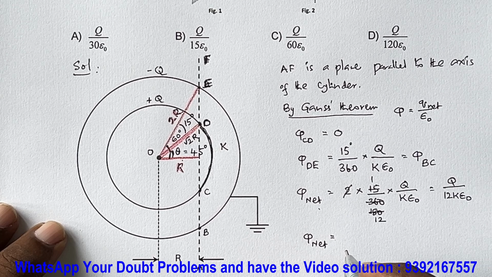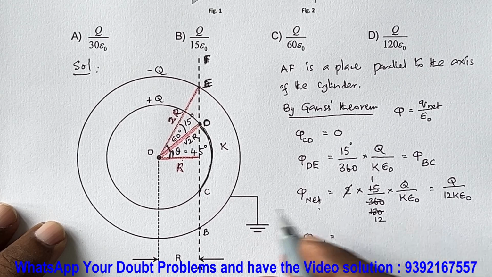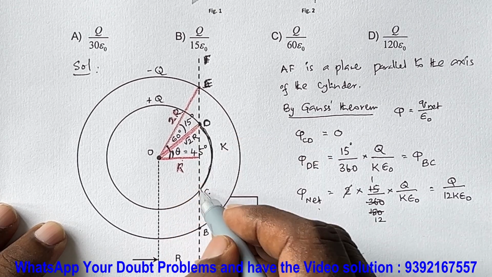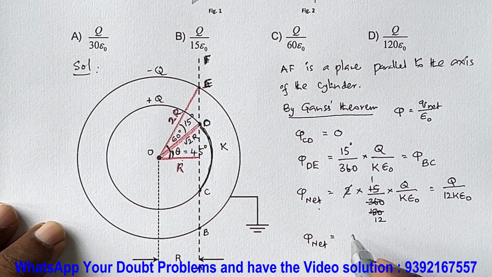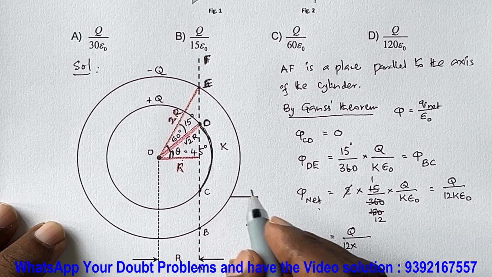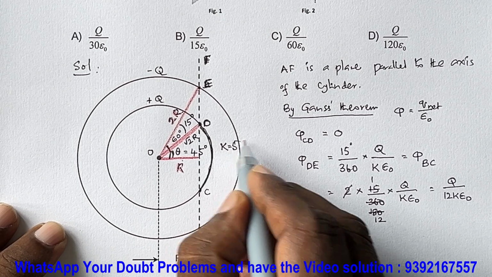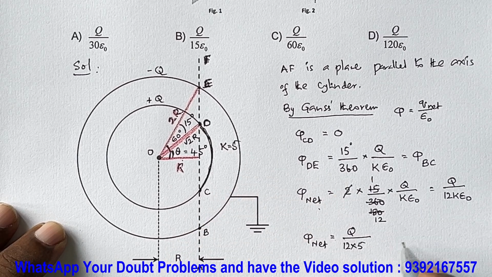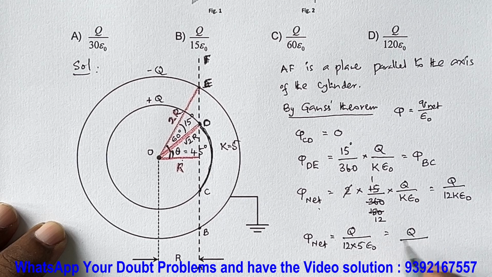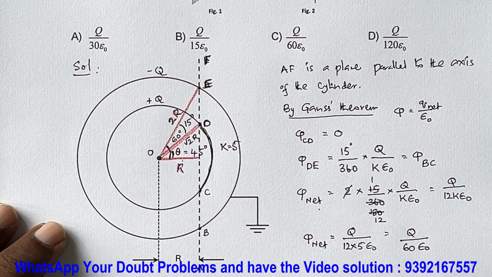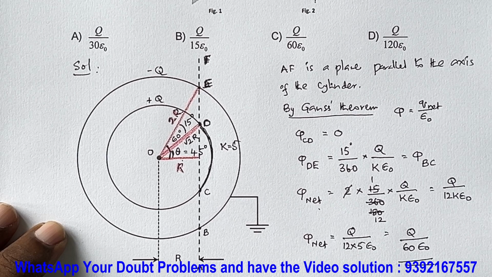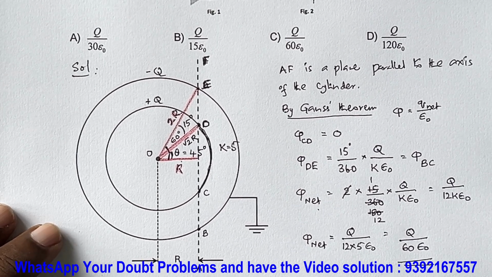So the net flux of the electric field through the plane, only this portion contributing, is Q by 12 into K, where K is given as 5, so Q by 12 into 5 epsilon naught. 12 fives are 60, so our answer is Q by 60 epsilon naught.